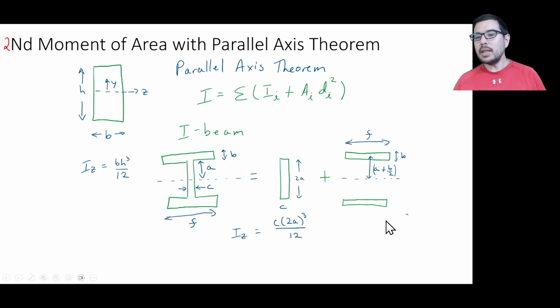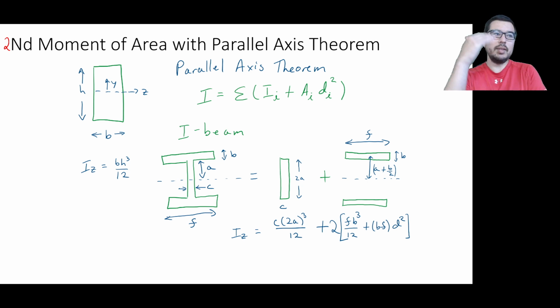The algebra is a little bit messy, but I will still opine that this is a simpler way to do the calculations than trying to come up with an interesting formula that's operating over different regions to do the integral of y squared dA, or multiple integrals, right? You could do an integral from minus a to a, and then minus quantity a plus b to minus a, and then do another one, from a to a plus b, right?